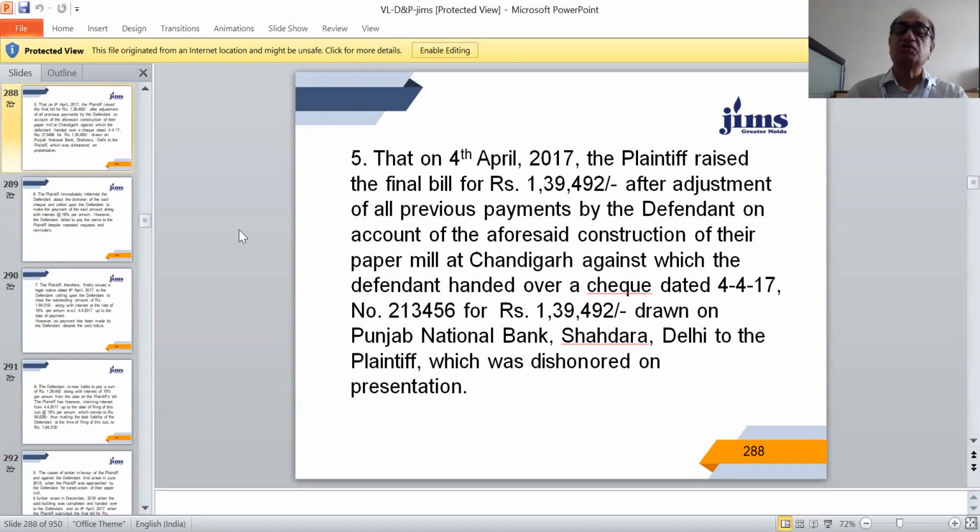So, dear students, please note that this suit is being filed because the check given by the party was dishonored. So, this is a suit based on a negotiable instrument, hence a summary suit is allowed.